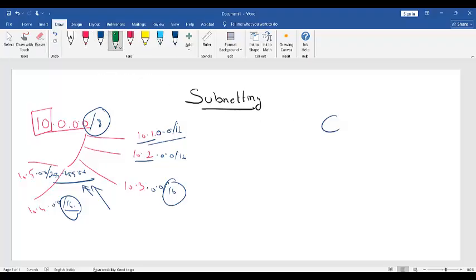So I make it classless. So this notation is called classless inter-domain notation. CIDR.